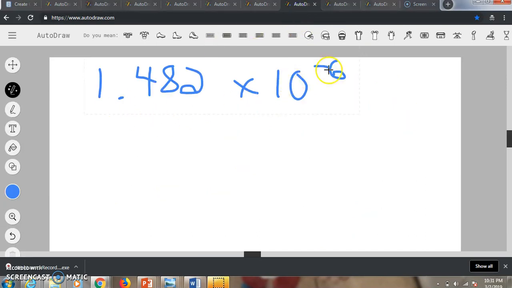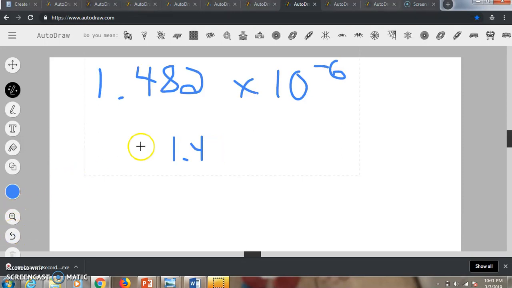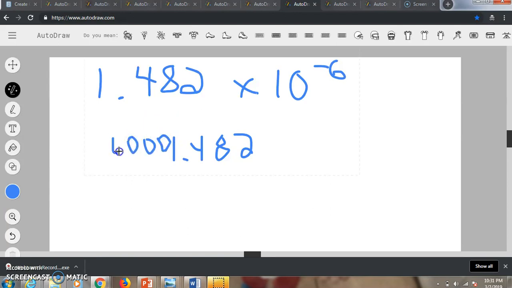Next one, this has a negative exponent. So, unlike the last ones where you added zeros to the right, this one you'll add zeros to the left. So this is 1.482. Add 6 zeros to the left. 1, 2, 3, 4, 5, 6.